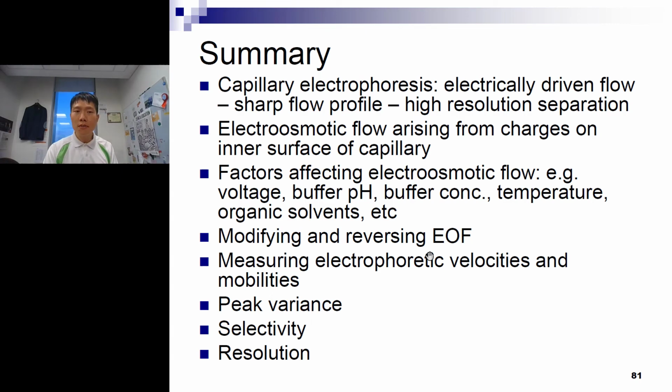What affects the EOF: voltage, buffer, pH, concentration, temperature, solvent, and how do we change and modify the direction of EOF. What affects measuring of the electrophoretic velocity and mobility, peak variance sigma squared, selectivity, and your resolution R. So with that, I will see you next time for more detailed explanation of CE. Cheers.